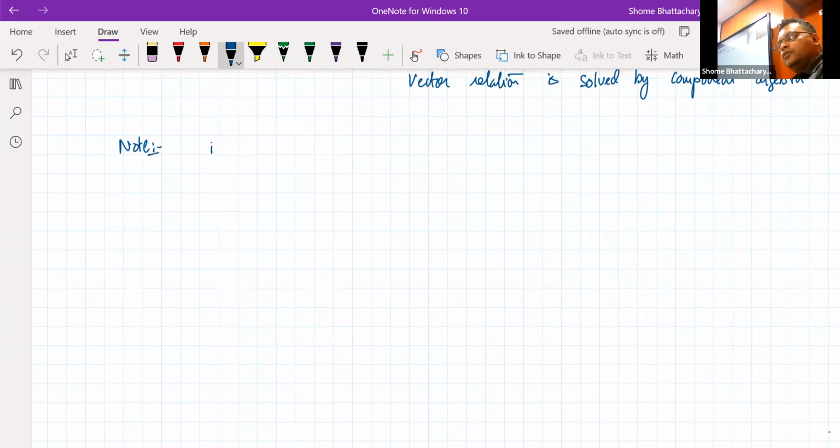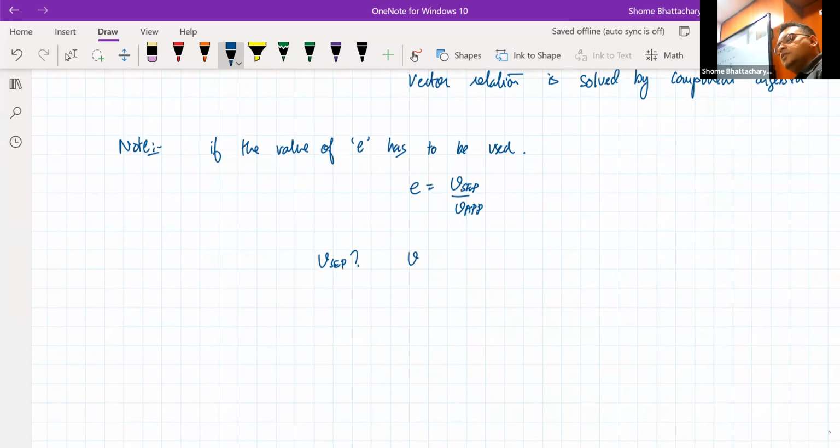If the value of E, the coefficient of restitution, has to be used, then we have to express E as a ratio of separation to approach velocity. So how do we calculate this separation velocity and this approach velocity?